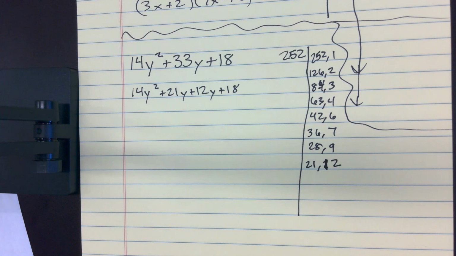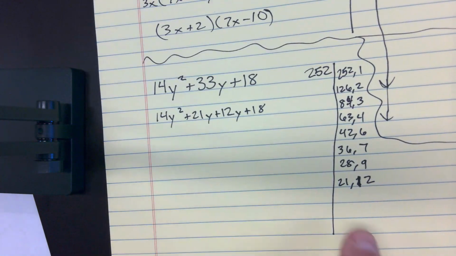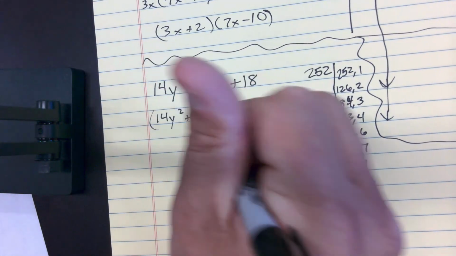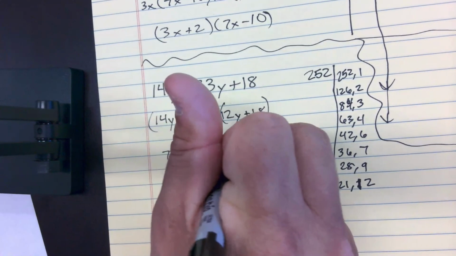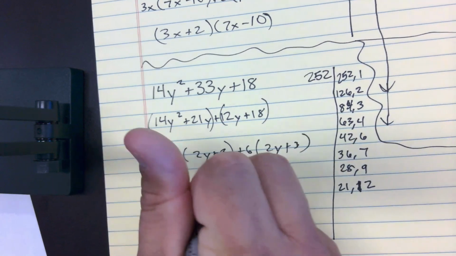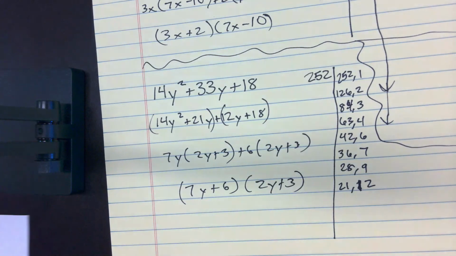It took me to 12 to get there. 21 and 12 add up to 33, they multiply together to be 252. As soon as you're there, you split them, and you factor them, which shouldn't take you very long anymore. 7y plus 6 and 2y plus 3 is your solution.